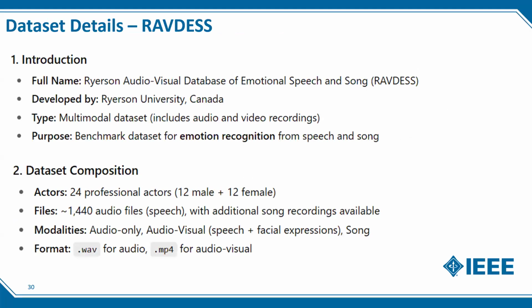And I already mentioned we have employed the RAVDESS dataset, and this is developed by Ryerson University, Canada. The composition of the dataset is the speech of 12 males and 12 females, a total of 24 professional actors.